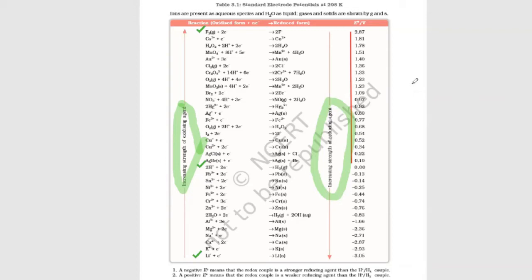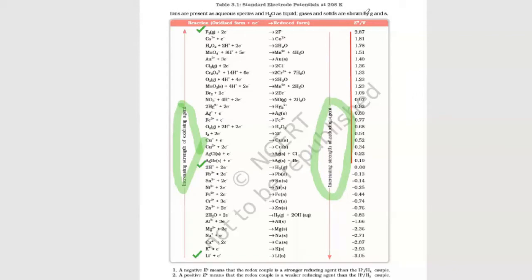That way you can say, suppose I ask you which of these metals will liberate hydrogen from a dilute acid. If I give you dilute acid, which of these will liberate hydrogen? For that, the ones which have negative reduction potentials, they all are below hydrogen, more reactive than hydrogen, and therefore they are the ones which can liberate hydrogen.